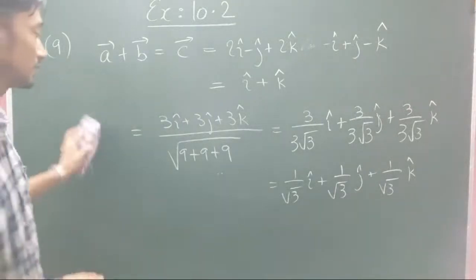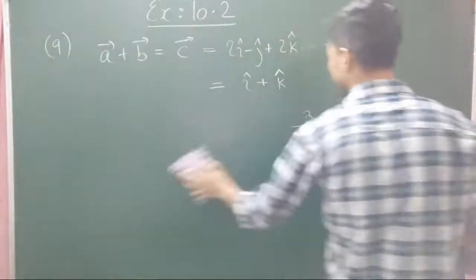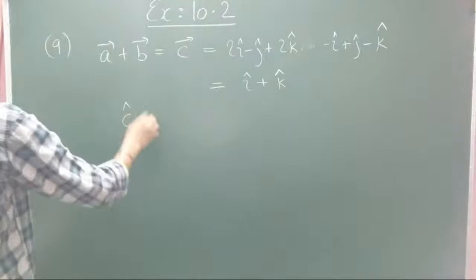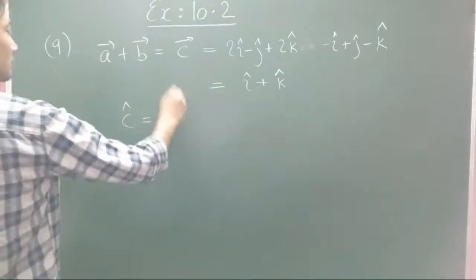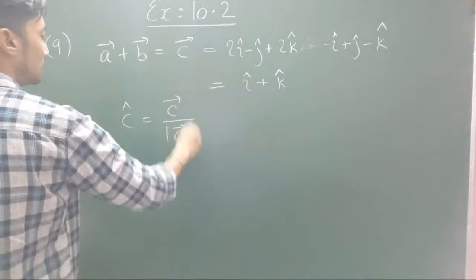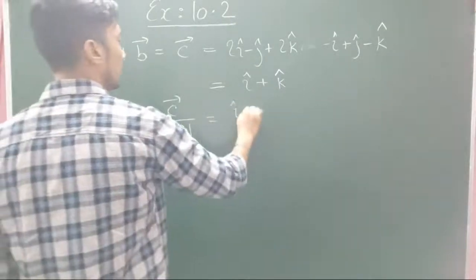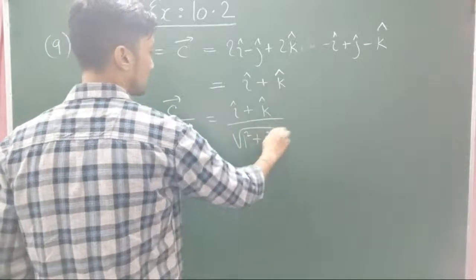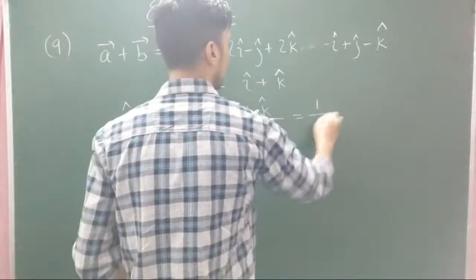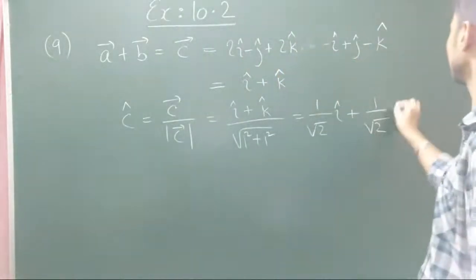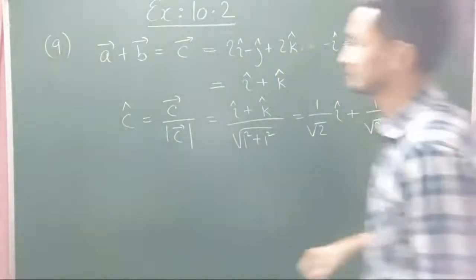So this is the vector A plus B, which we have denoted by vector C. The unit vector in the direction of C is i plus k divided by root over 1 square plus 1 square, because of the coefficients. So 1 by root 2 i plus 1 by root 2 k cap.